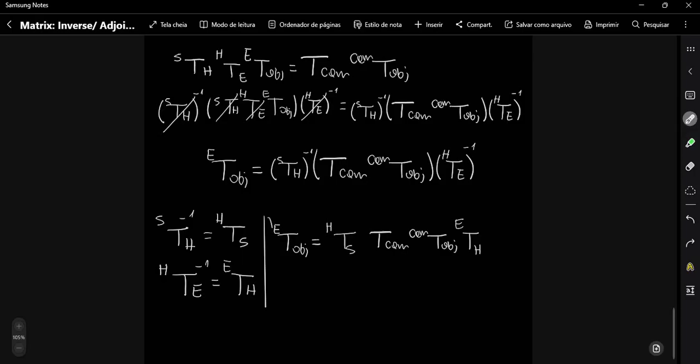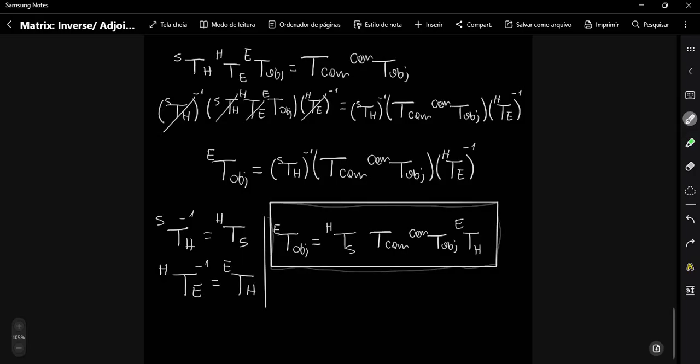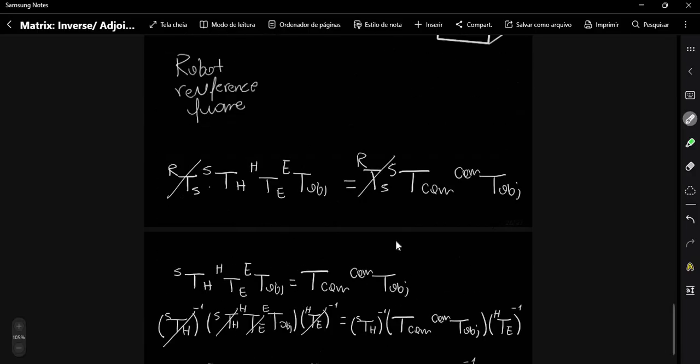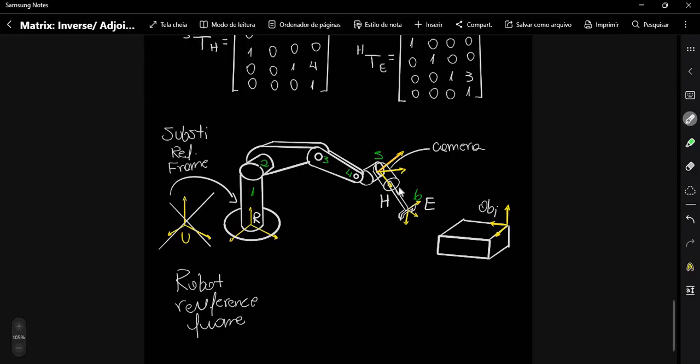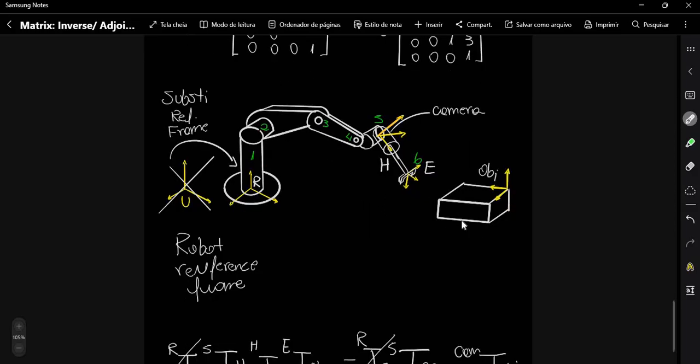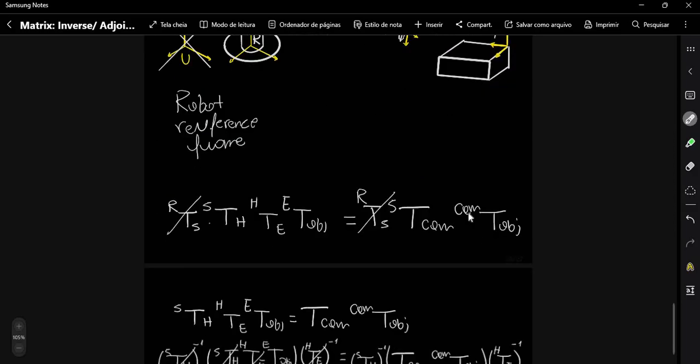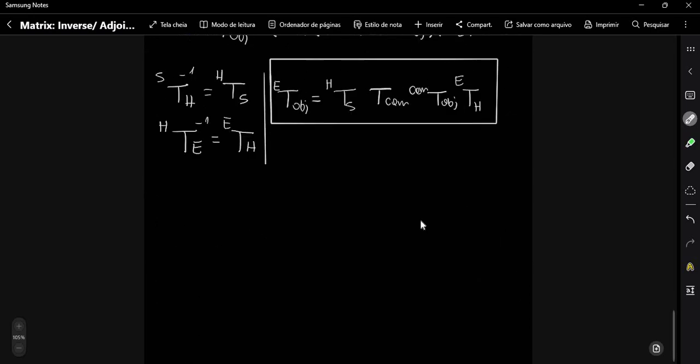And that's it. The transformation equation that describes the motion that this robot has to perform in order to observe this object. Now we have to work with the matrices.